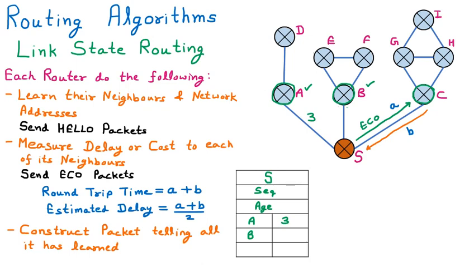Maybe assume that B is at 2 distance away. So that 2 is added. The next neighbor we have is C. So the C entry is added. Let us suppose that C is 5 distance away. So that 5 entry is added here. So this is the packet that is created by the router S.